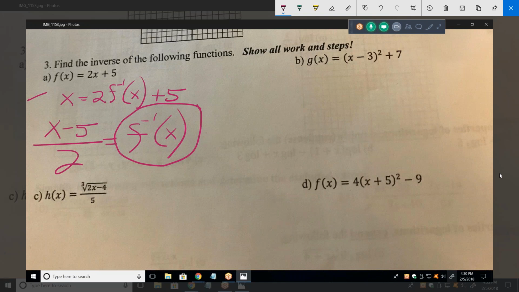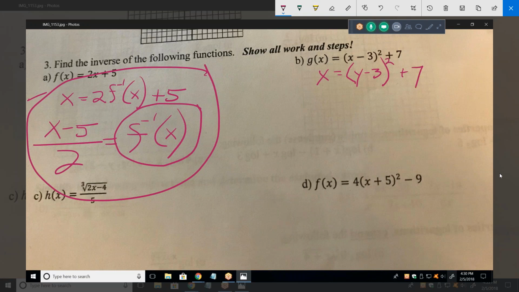So x is equal to, you're going to do it this way over here? x is equal to y minus 3 squared plus 7. And then, okay, so actually you're doing it the first way. You just omitted the step where you said y equals x minus 3 squared plus 7.